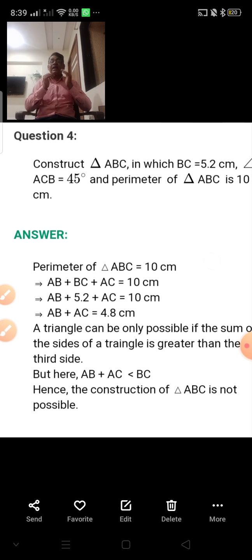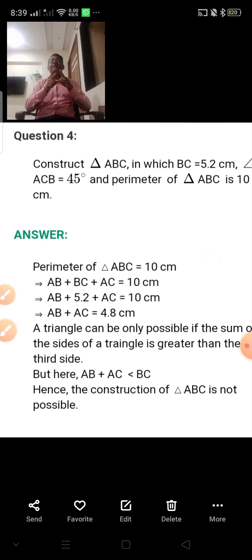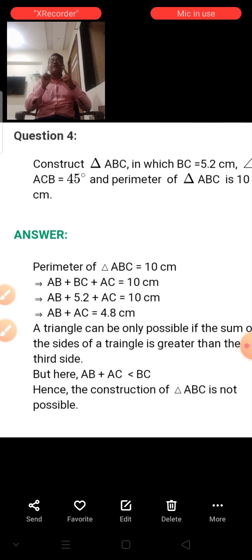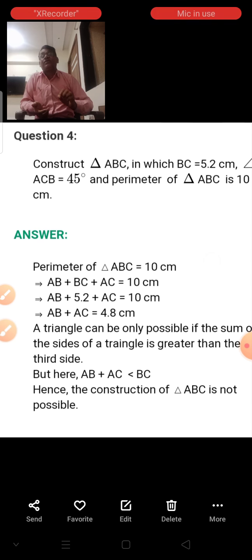Okay, again and again I explain it, because this is for internal assessment. Today's assignment is for internal assessment, so you have to keep the assignment with you and submit it when your teacher asks. And when you have done the assignment, you have to post the confirmation in the group.